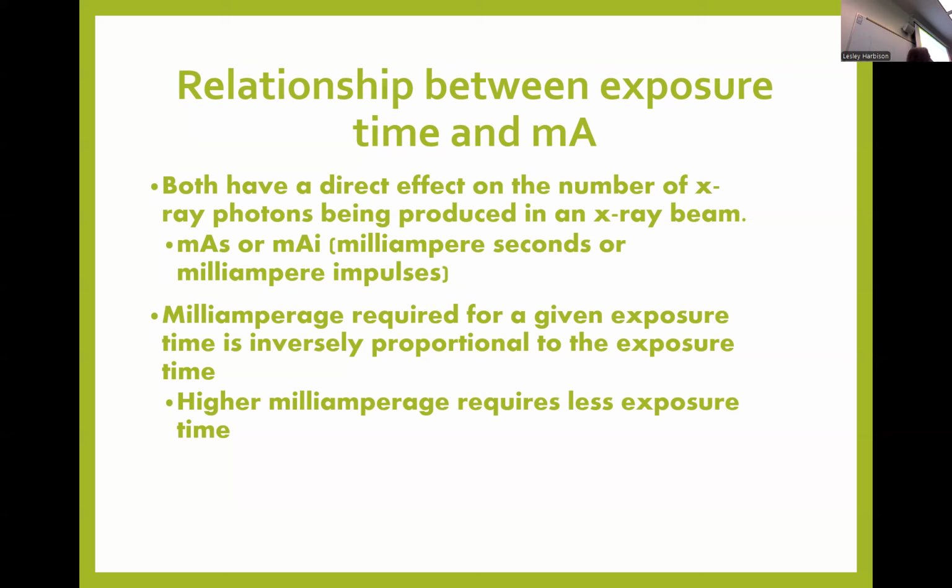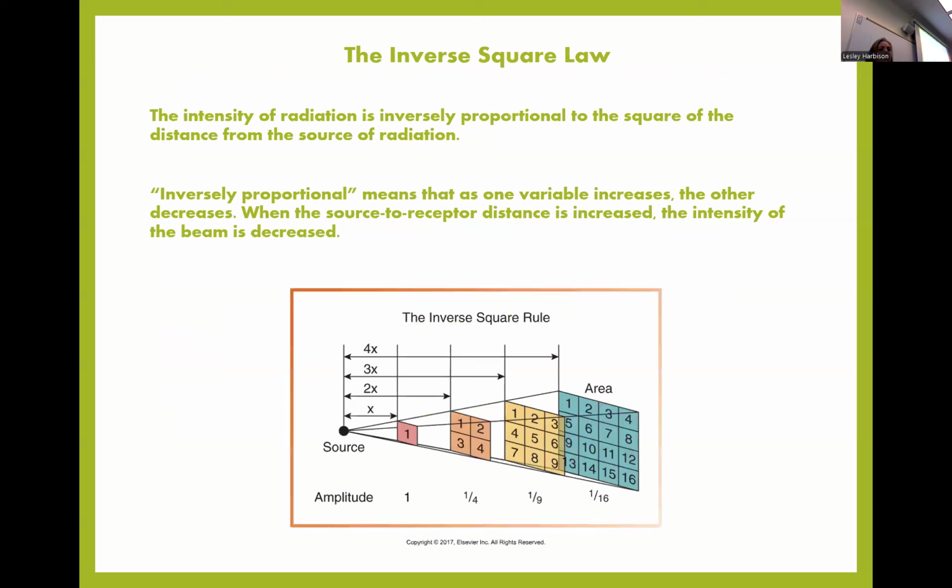That's the concept they're trying to teach. It's not very applicable to us because we can't change MA, but we can change exposure time a little bit. So the larger the exposure time, the less MA; the greater the MA, the less exposure. Bingo. Yes, that's exactly it.